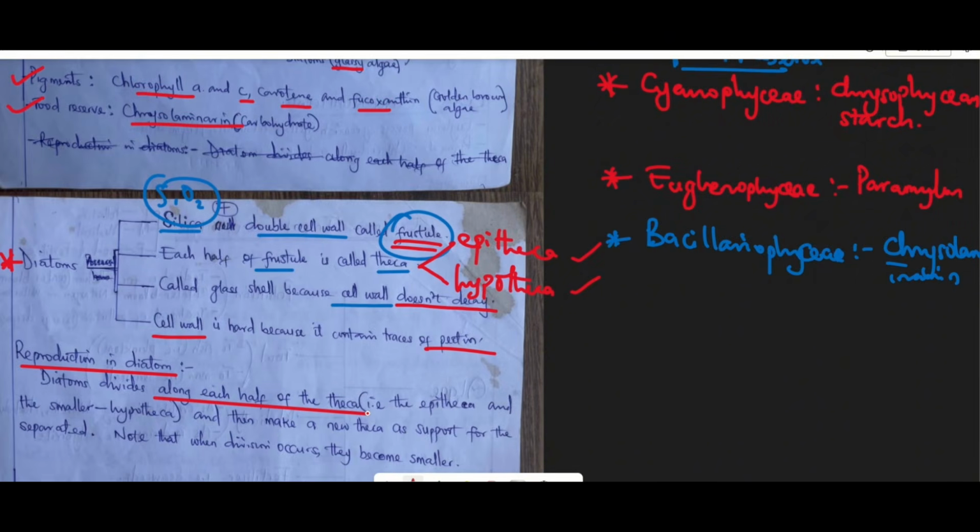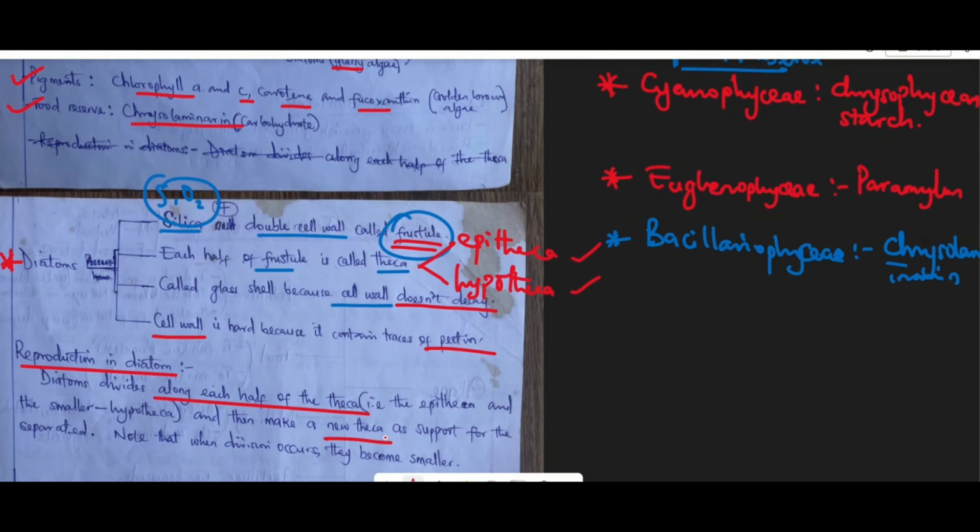Do you understand? So when it divides, when the epitheca and the hypotheca finally separate, they would need a complementary theca to make up a new organism on its own. So what do they do? They make a new theca as support for that separation. Does that make sense? Which means that the epitheca, the cell that has divided, will have to make a new hypotheca.